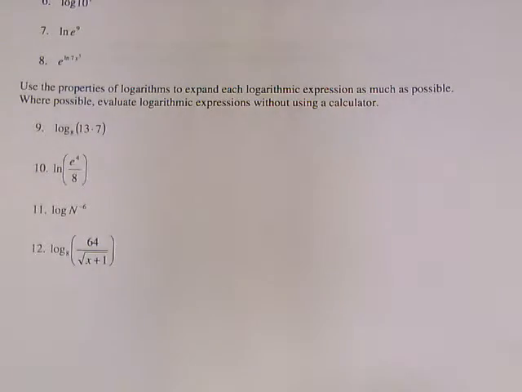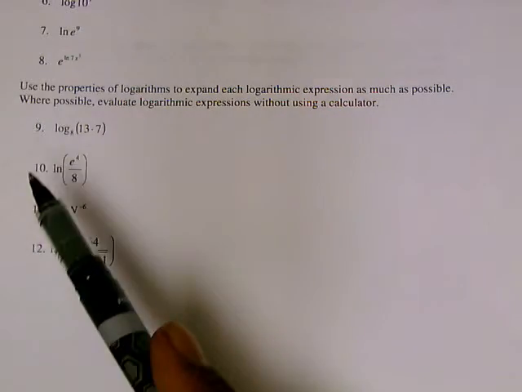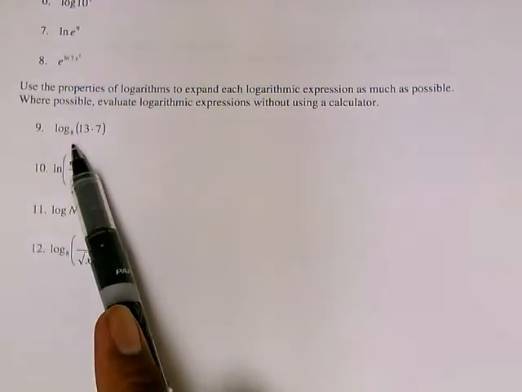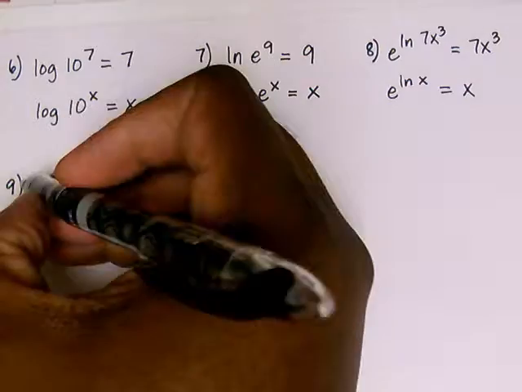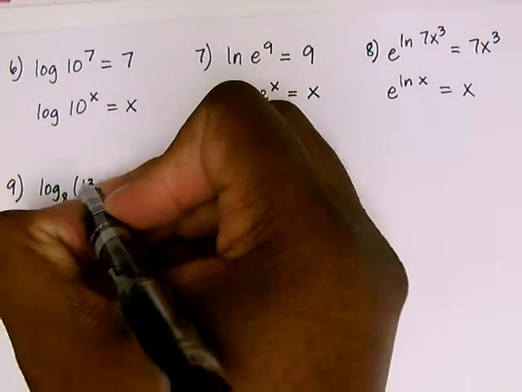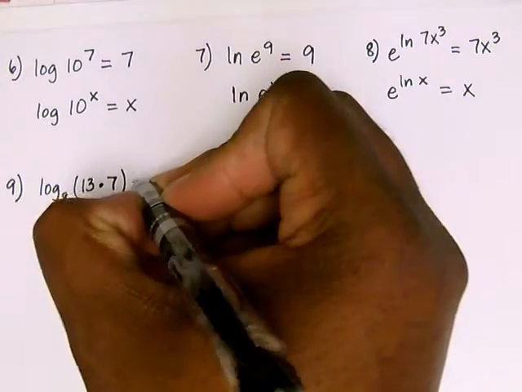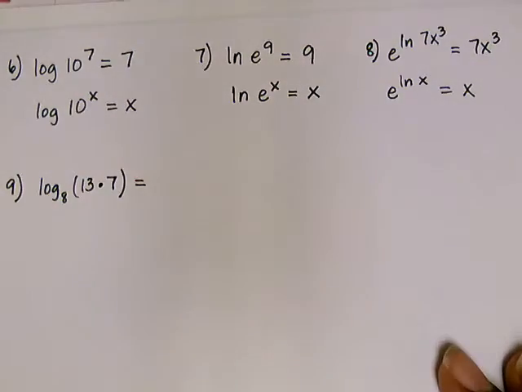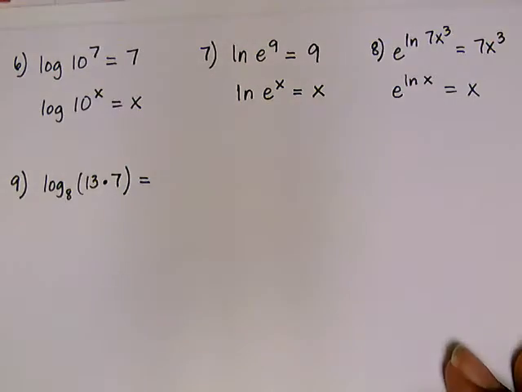So here you have 4 of those. In this case, you're going to have the log to the base 8 of 13 times 7.